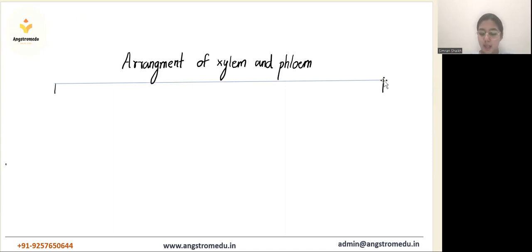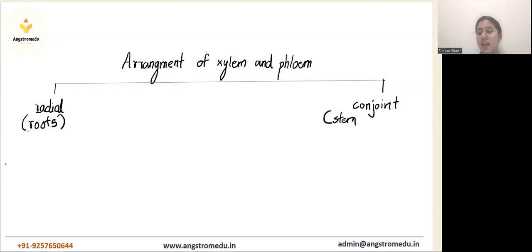One is radial and one is conjoint. Radial is found in roots, remember radial R, root R. Conjoint you can find in stem.